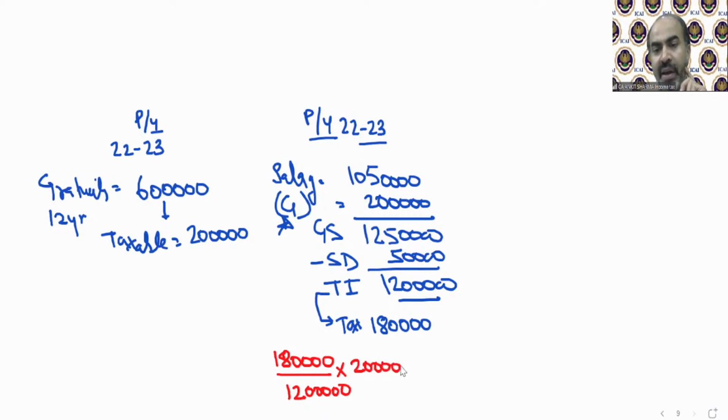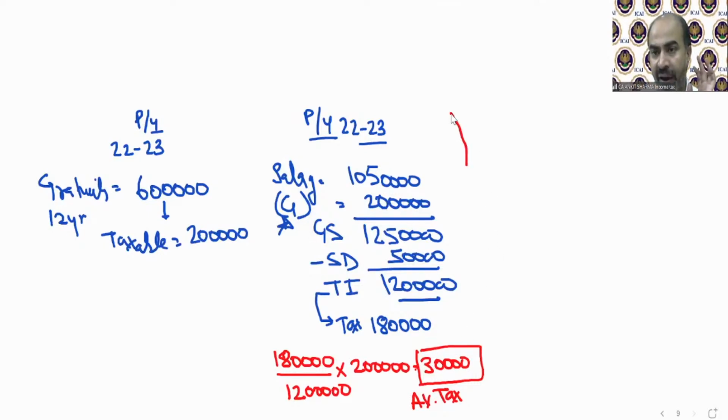Technically, we are bearing it in this year upon 2 lakh. 180 tax has been paid upon 12 lakh rupees income, so the gratuity tax liability will be 30,000. So technically, we taxed 2 lakh rupees in previous year 22-23, and the average tax we paid on this gratuity value is 30,000.